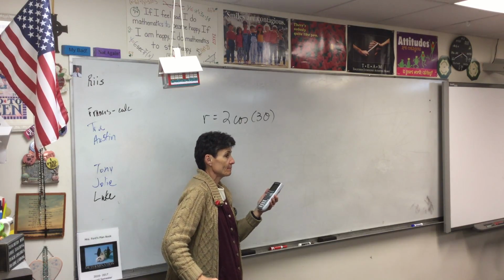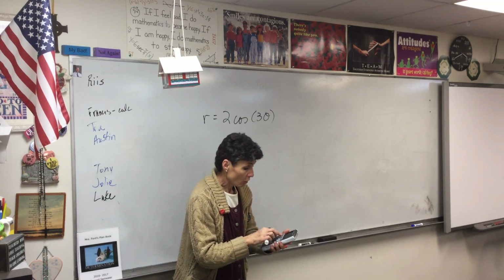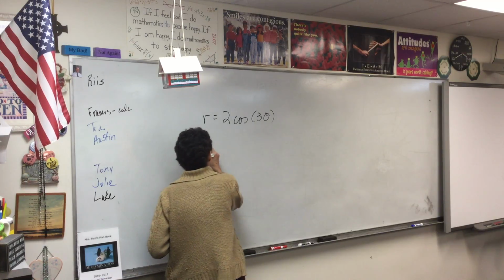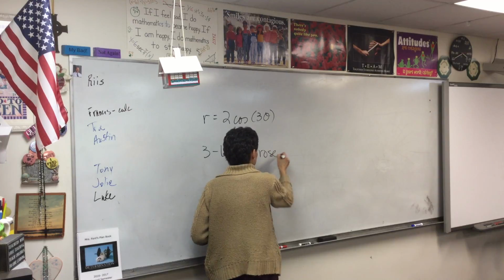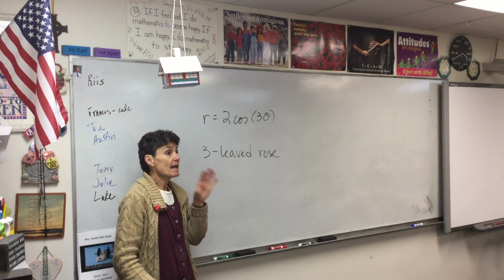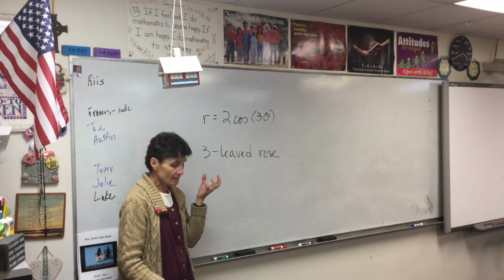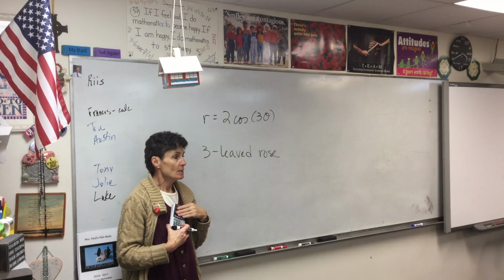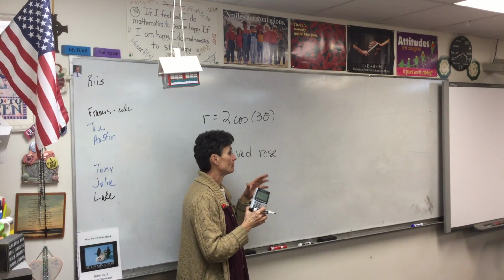Oh boy. You get, actually, Paul, it's called a rose. This is called a 3-leaved rose. Now, again, you are graphing a circular thing on a rectangular screen, so it's not quite as well shaped as it could be.